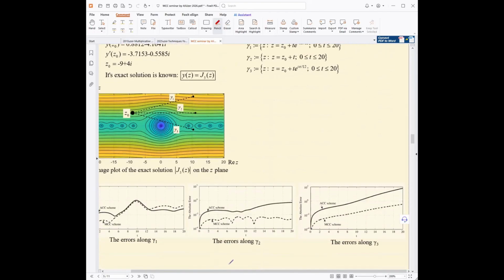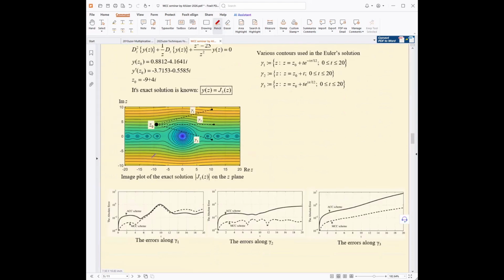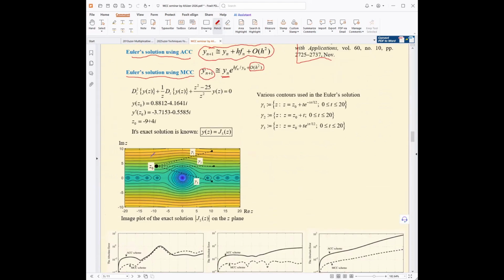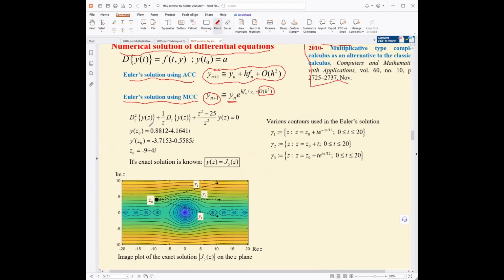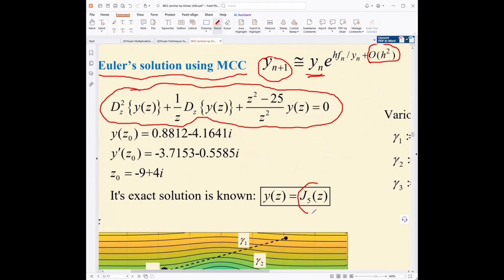And here are some numerical results. In a numerical result, I worked with the differential equation of a Bessel function. This is a second-order differential equation for the Bessel function. Its exact solution is known to be a first-order, first-kind Bessel function.